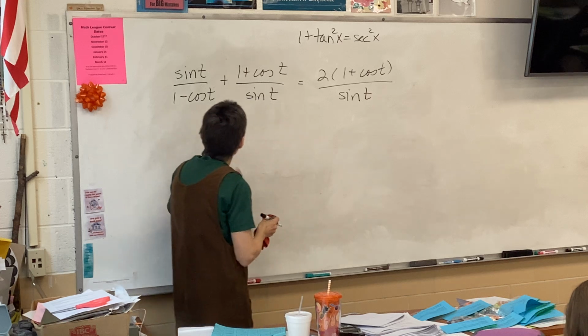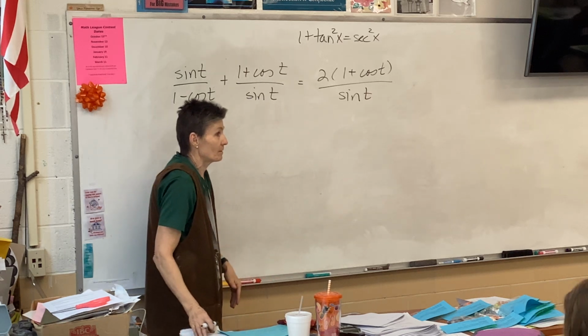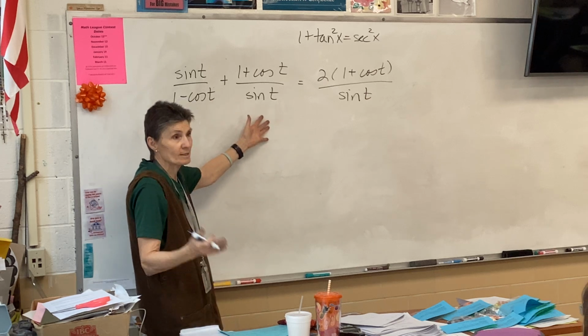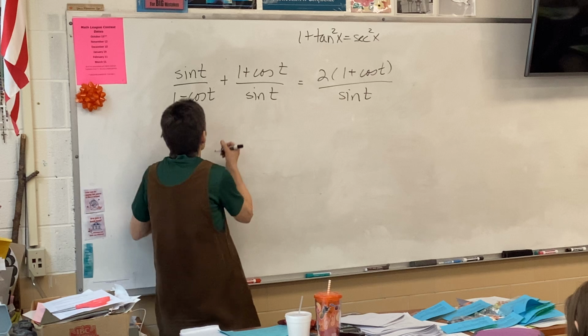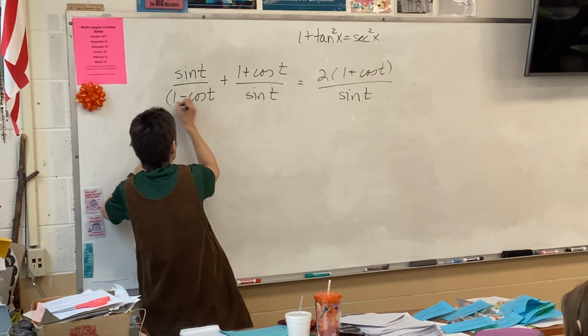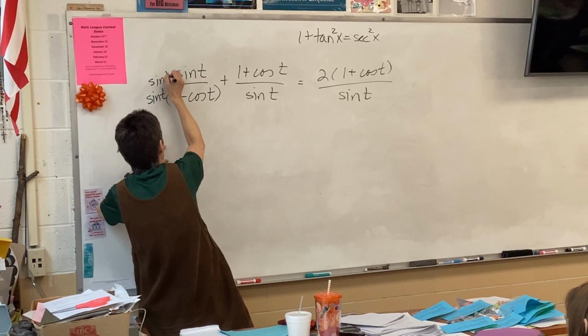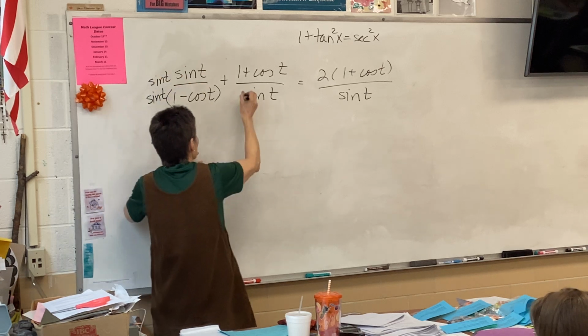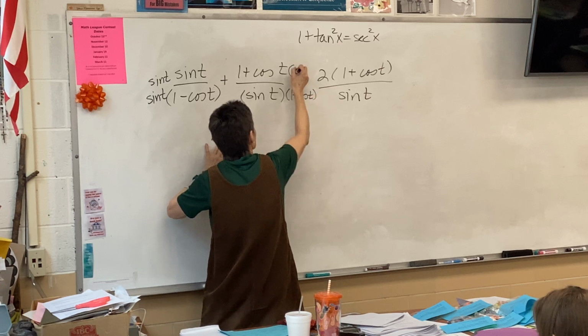Now, when you look at the problem, you've got to get a common denominator. These two are fractions and they're being added, so you've got to have a common denominator. This one will need a sine on top and bottom. This one will need a 1 minus cosine.